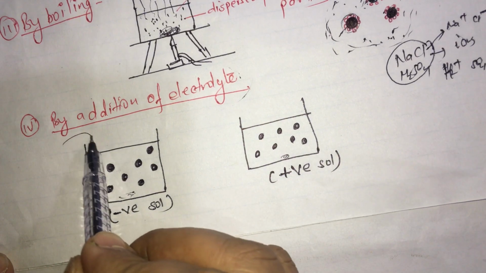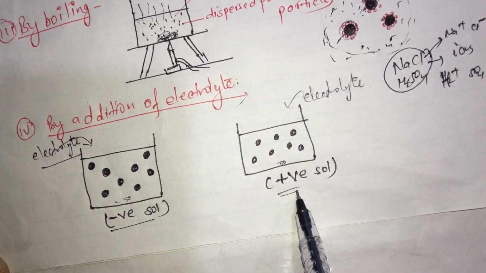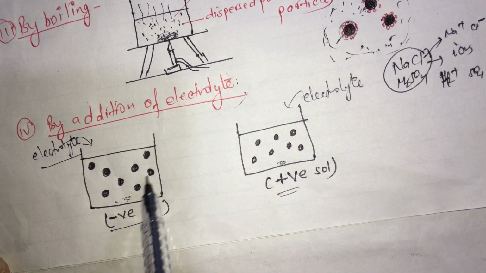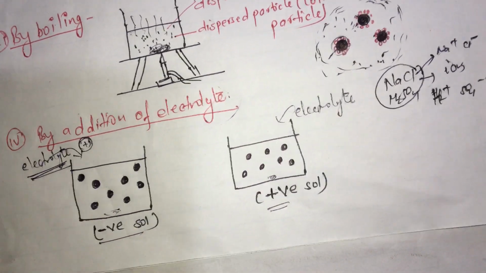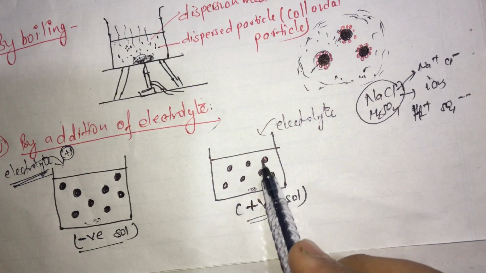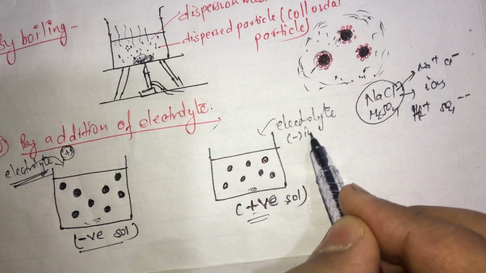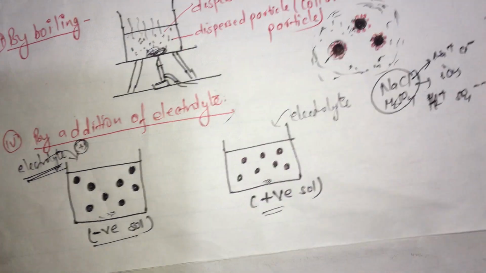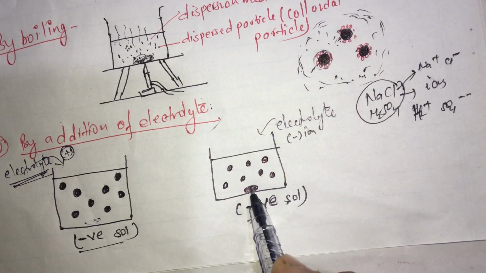If you add any electrolyte to a negative sol, then what will happen? The negative dispersed particles get neutralized by positive ions furnished by the electrolyte. Similarly, positive colloidal particles in a positive sol get neutralized by negative ions furnished by the electrolyte and get precipitated. Hence, a negative ion of an electrolyte causes the precipitation of a positively charged sol and vice versa.